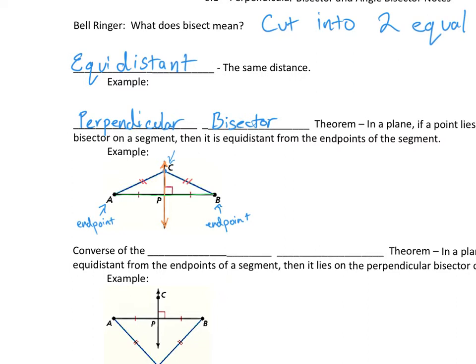Because that line bisects AP and PB. So first we need perpendicular, right?